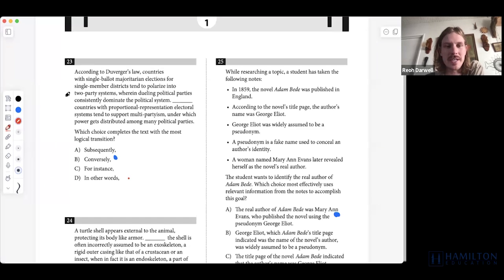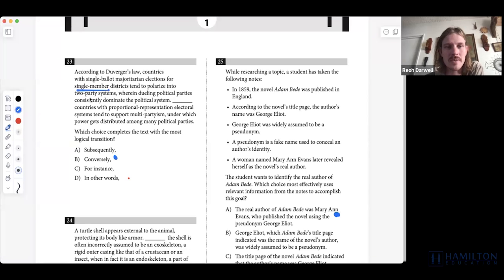So our first sentence says that single ballot majoritarian elections for single member districts polarize into two-party systems. All right. So akin to the United States, right? We've seen this many times here, right?